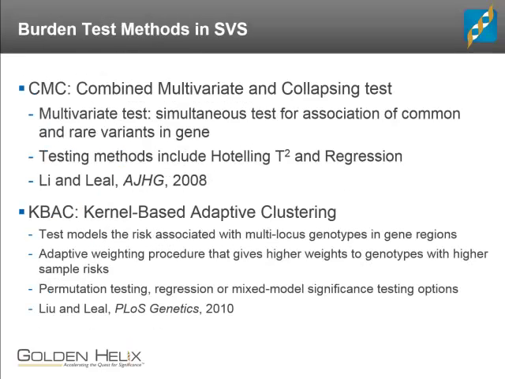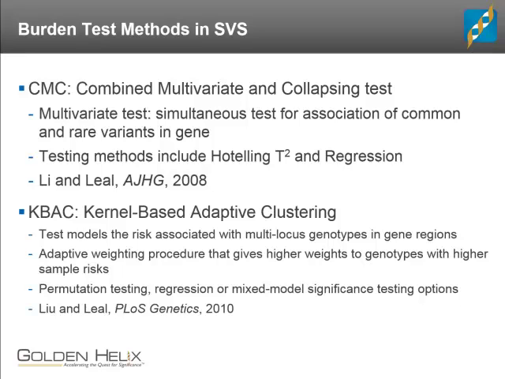So within SVS, the major methods you'll see in terms of the burden tests are the CMC method, which is unique because it is a simultaneous test for association of both common and rare variants in a gene. Most of these burden tests are really focused on rare variation, so CMC is kind of special in the way that it's able to incorporate more common variation.